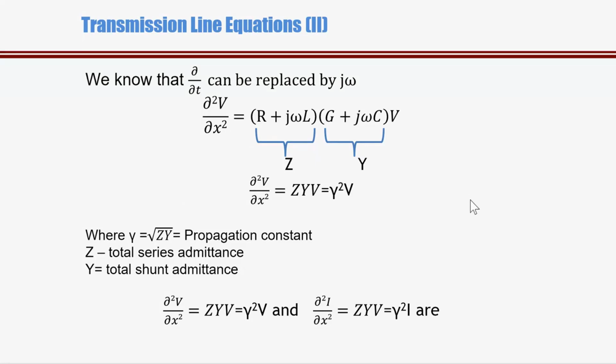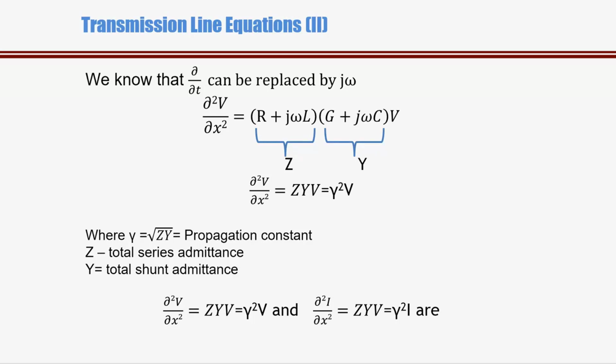So we call this R plus j omega L the total impedance of the series branch of a transmission line, and G plus j omega C the admittance of the parallel branch. Because if parameters are in parallel, we can easily take their admittance. And what is admittance Y here? Y is equal to G plus j omega C.